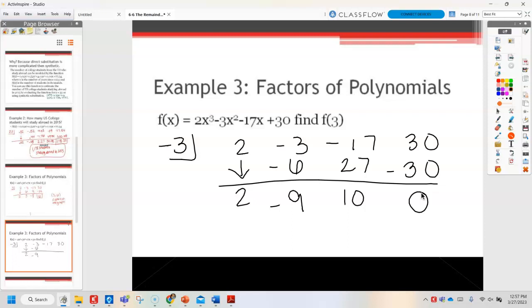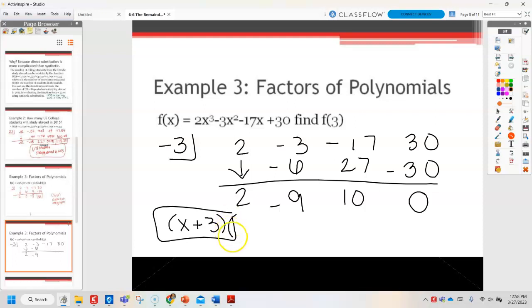If you get a remainder of 0, that tells you two things. It tells you that negative 3 is an x-intercept, or a root, and it also tells you that x plus 3 is a factor.